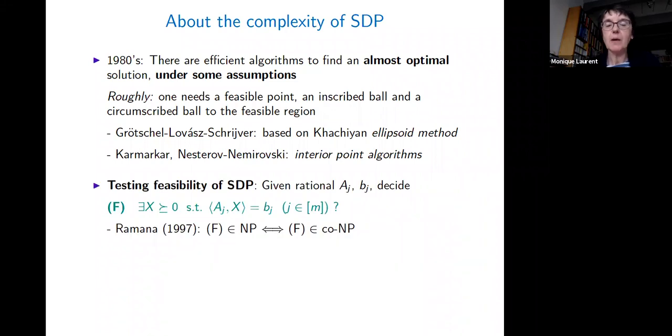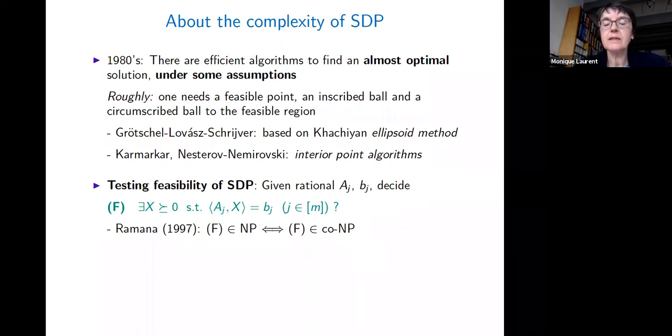One more thing I want to say is that on the theory side, there is still a very interesting question which is still open. Namely, what's the exact complexity of testing the feasibility of an SDP. So if you have rational data, and we want to decide whether there is a PSD matrix which satisfies the given affine constraints, the exact complexity is still not known.